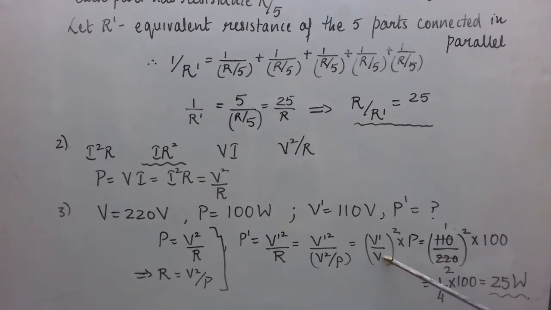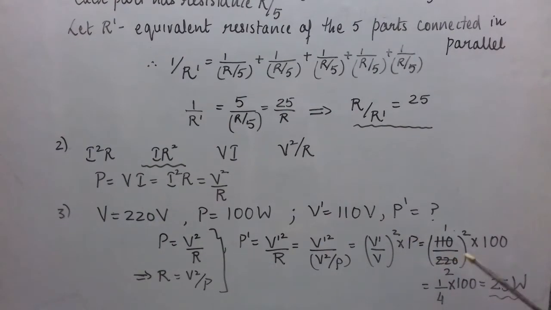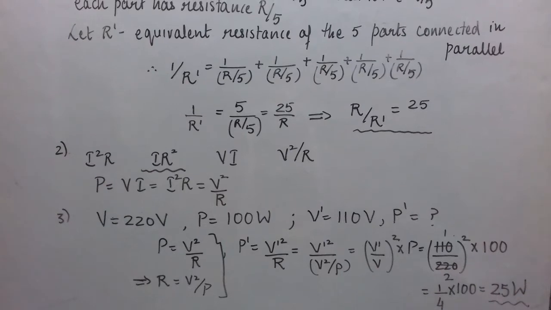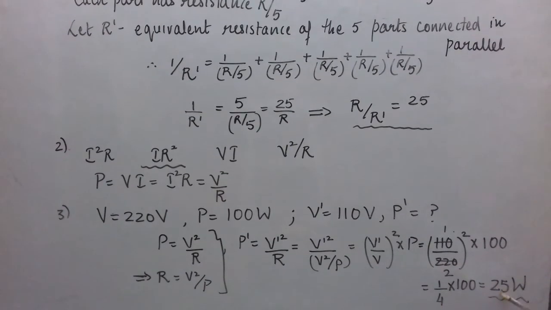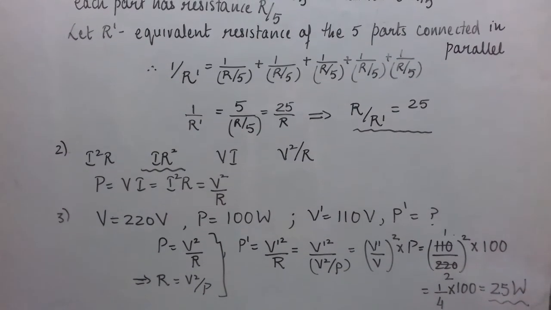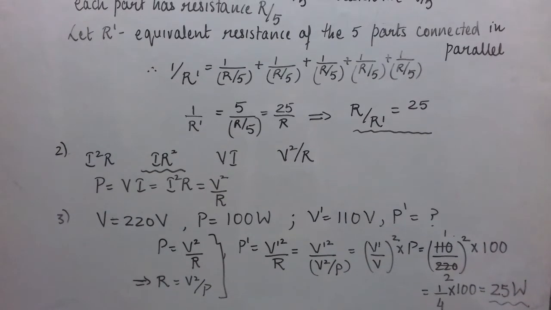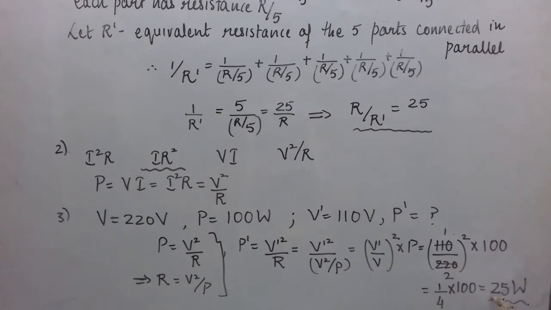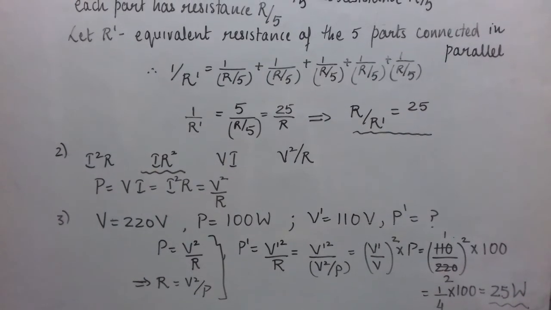So V dash over V whole square into P. Put the values of V dash, V and P, and after simplification you get the answer as 25 watts. There are four options given: 100 watt, 75 watt, 50 watt and 25 watt. So the correct answer will be D, which is 25 watt.